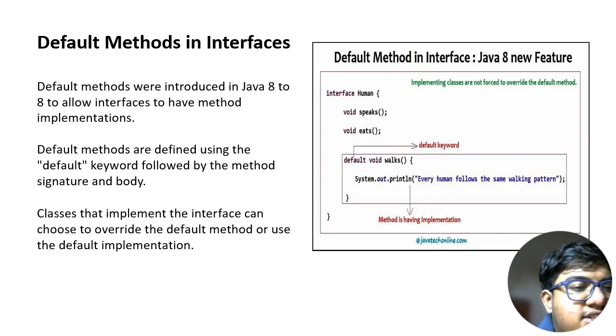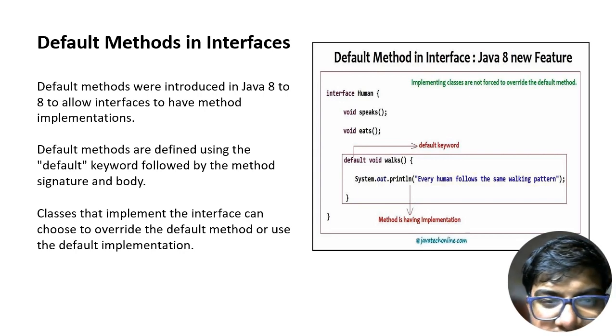Default methods in interfaces. Default methods were introduced in Java to allow interfaces to have method implementations. Default methods are defined using the default keyword, which is used in the Java 8 version, which you see here.